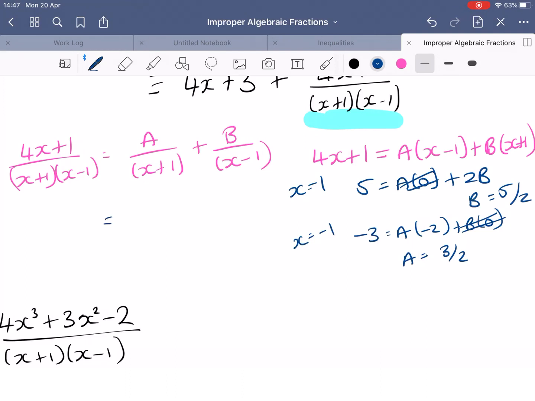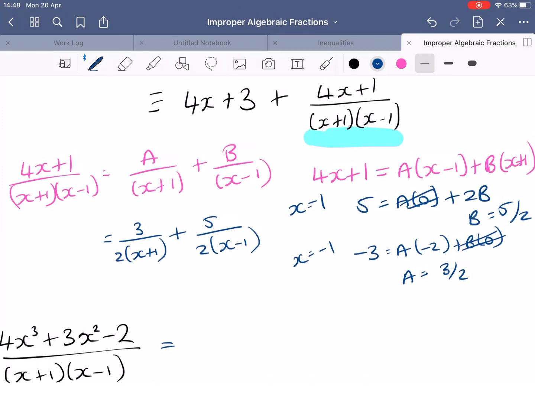My partial fractions are going to be 3 over 2 times x plus 1, substituting in the a, plus 5 over 2 times x minus 1. And that's the nicest way of writing that. So what's my final answer to my original question? I've got 4x cubed plus 3x squared minus 2 all over x plus 1 times x minus 1.